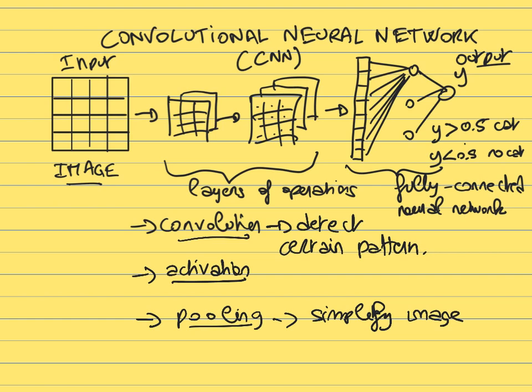So you will have a combination of convolution, activation, pooling, etc. And those things can be repeated several times. So you will have different layers, maybe layer 1, layer 2, layer 3, etc. You will have one after another, different types of those operations that are going to transform the image into something else, and this information will be transmitted little by little and eventually will be transmitted to the fully connected artificial neural network at the end of the CNN model.